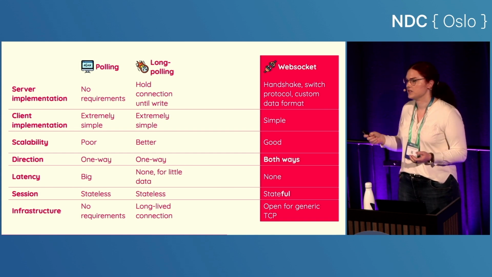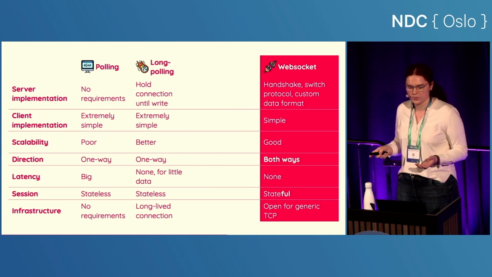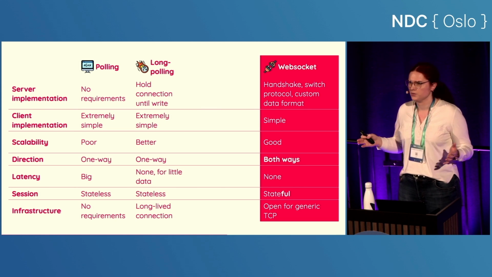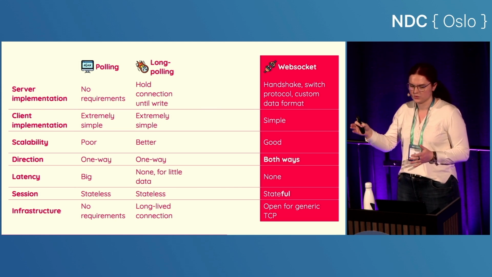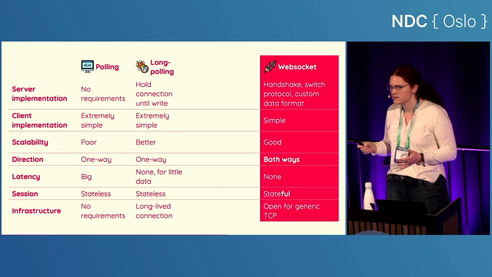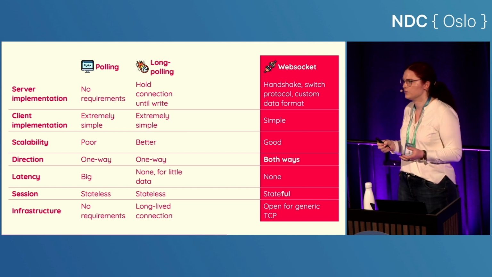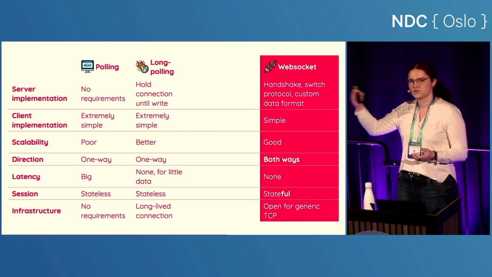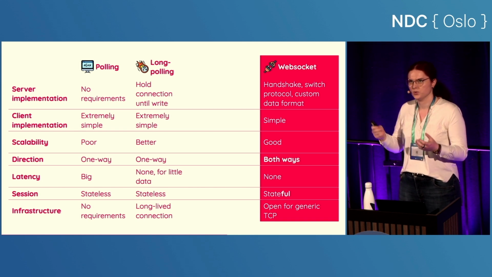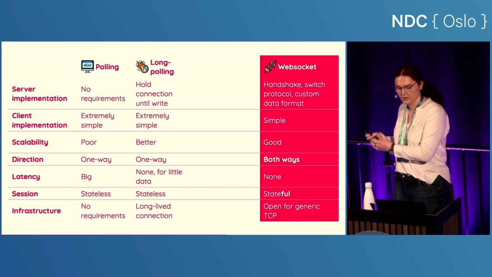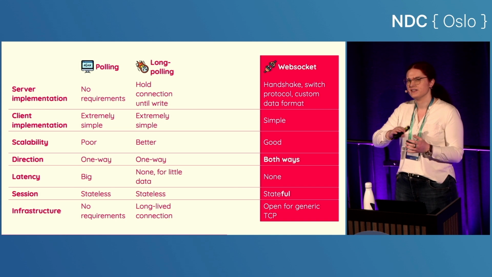The client implementation when using WebSockets is very simple. Scalability is very good because you open one connection and you can transfer data both ways, which is the big improvement here. With all the other channels that we talked about, you could only get data from the server to your client unless you started requests in the background. But in the WebSocket, you can send everything.